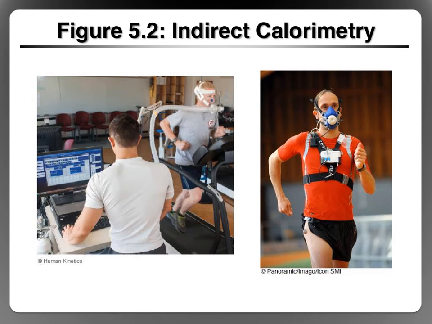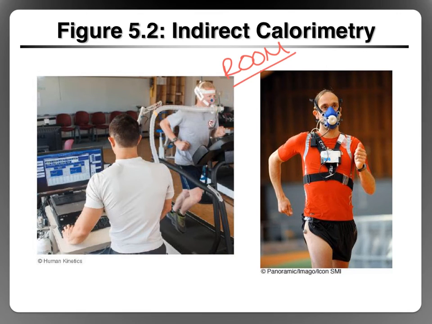So indirect calorimetry looks something like this, and you might have seen this in the lab. Okay, so you've got an individual on a treadmill or a bike, and you've got this tubing here that's open to the room. So you're breathing in room air. Room air has some constants that we know about, which we'll talk about later in this chapter, but we know exactly what percentage of room air is made up of oxygen, carbon dioxide, etc. When you inhale, the air goes into what we call a pneumotach, which is part of the mouthpiece, which measures the volume of air that you're taking in.